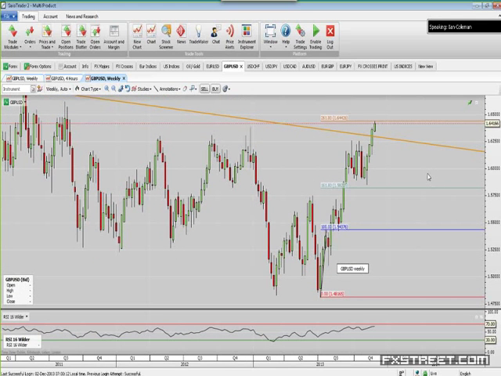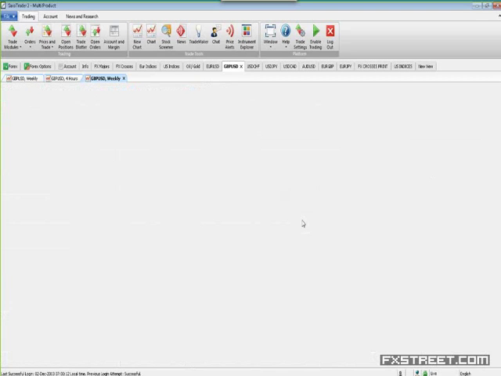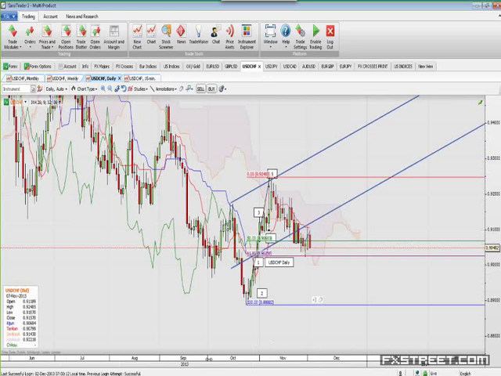So our bias is to the downside, but we need to see strong reversals. And again, this is why we're going to look at shorter time frames. So we're going to talk about having a bias, and then we're going to talk about how to trade that bias.